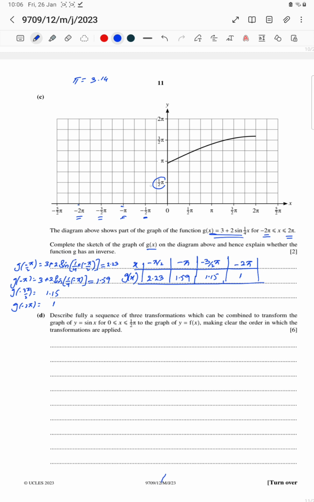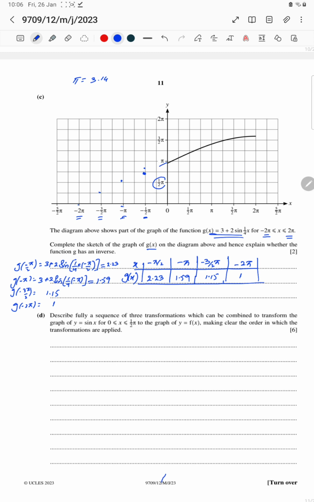So our answer will be: minus pi by 2 is 1.59, 1 point here, and then it will be here, and 1 is approximately here.